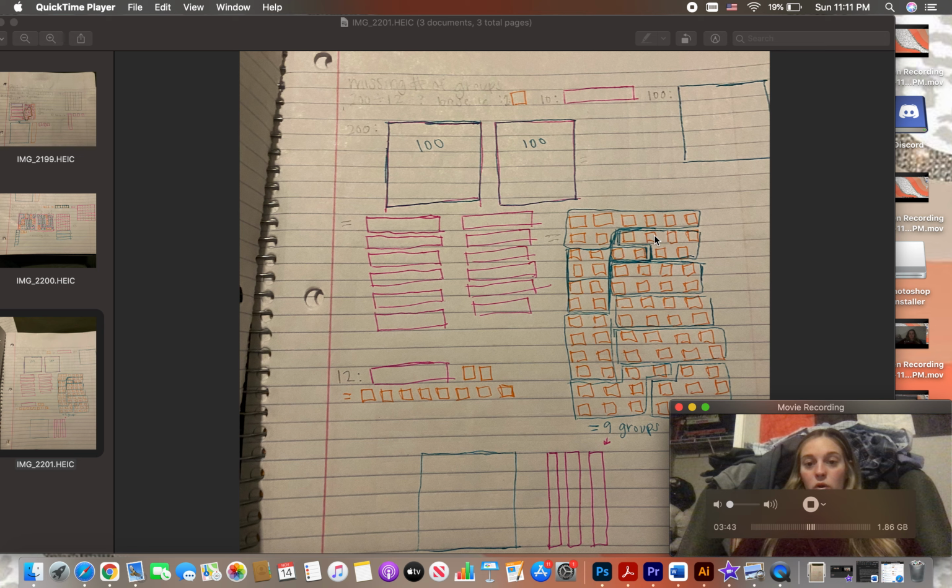So that's 1 group, 2 group, 3 group, 4 group, 8, 5 groups, 8, 6 groups. So we know that when we get to 6 that we have to regroup.